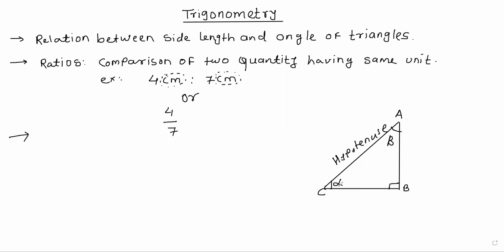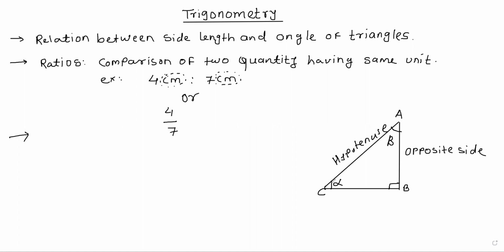If we are considering alpha, then this side AB is opposite to alpha, so this is the opposite side. The hypotenuse is fixed because it is opposite to 90 degrees. We just need to define these two sides.